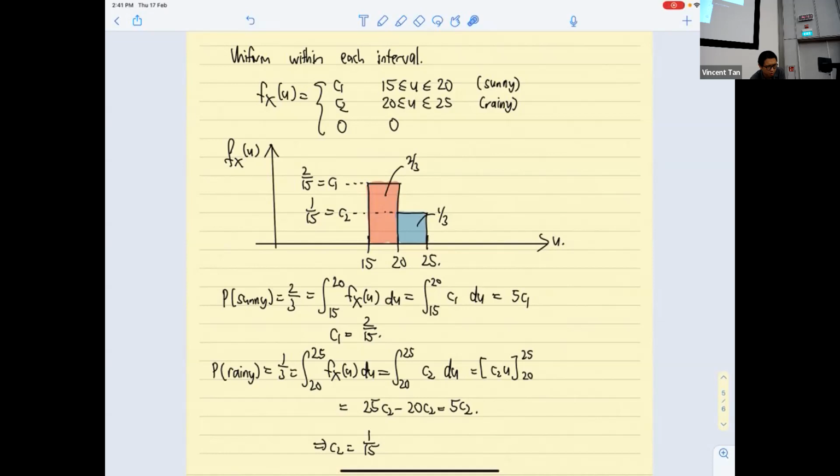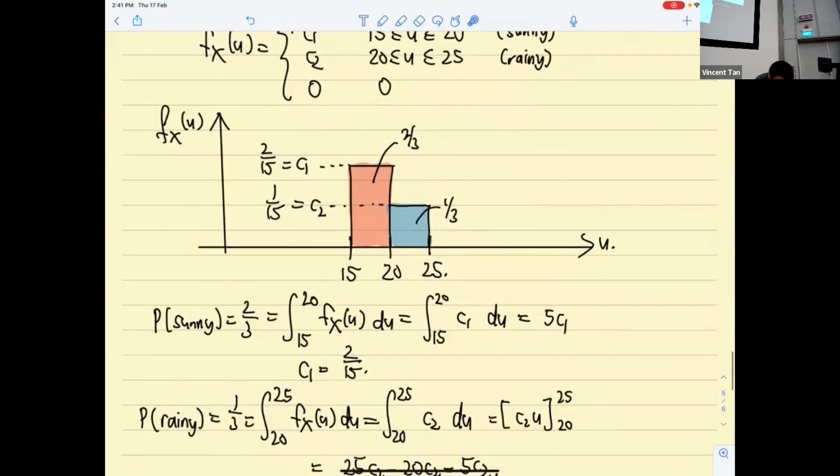And by eyeballing it, you should see that it's 1. Okay, Ken? So this corresponds to the sunny portion. And this corresponds to the rainy portion. Okay. Right. Okay, let us do one final example.